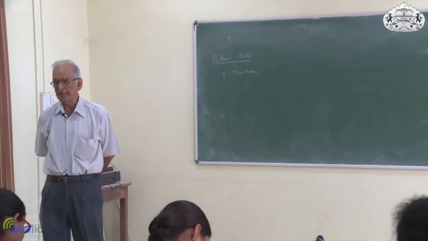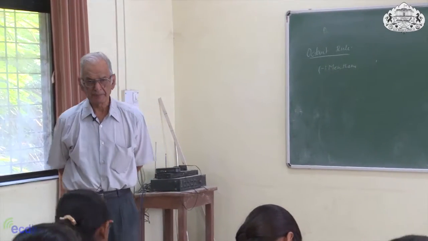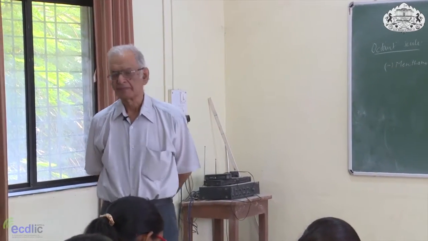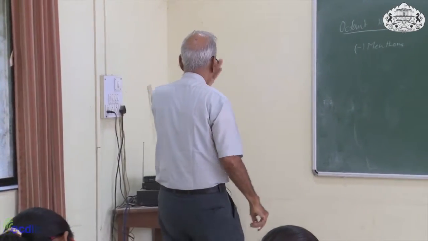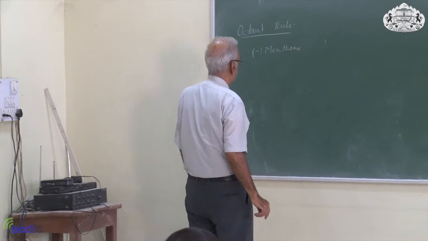When I say minus menthone, what does it mean? It shows negative rotation at 589 nanometers. Okay.